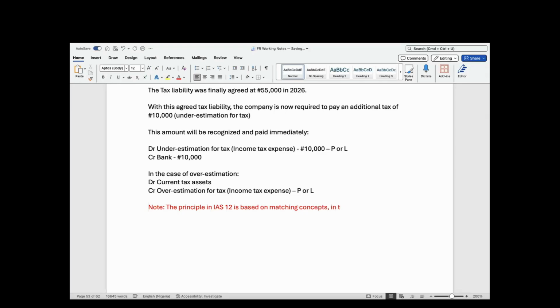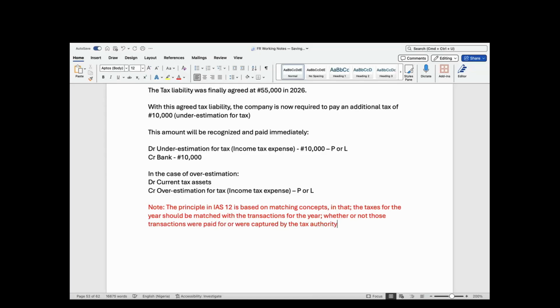In that, the taxes for the year should be matched with the transactions for the year, whether or not those transactions were paid for or were captured by the tax authority.